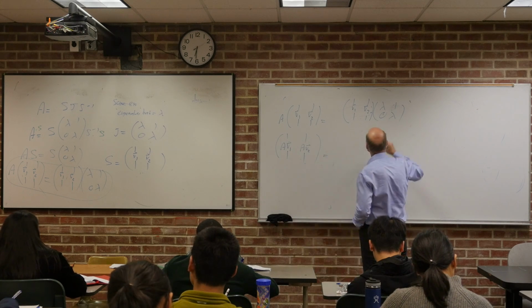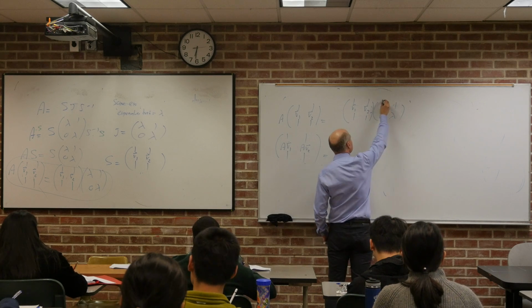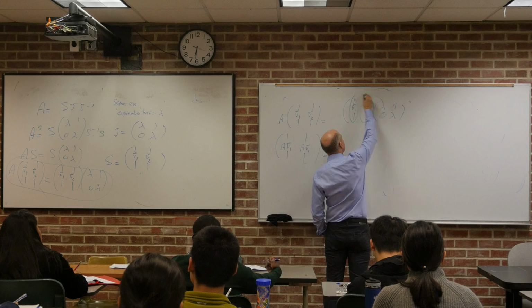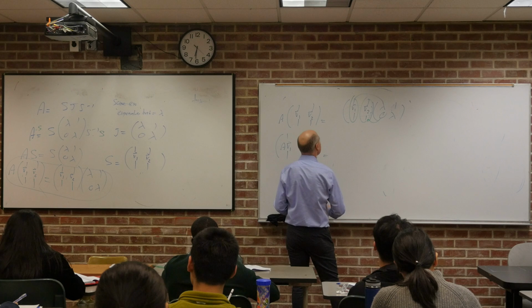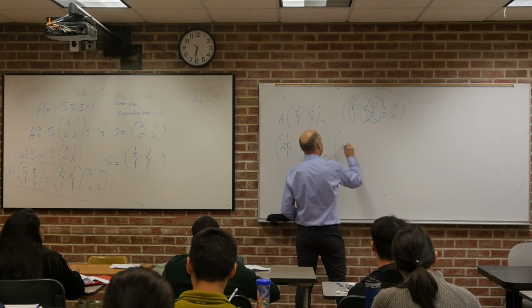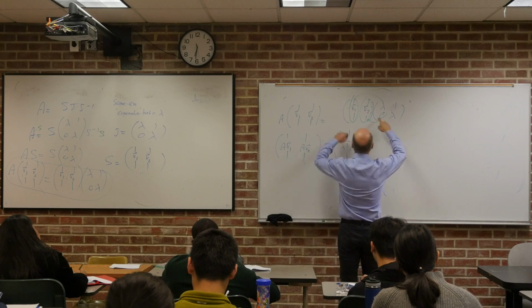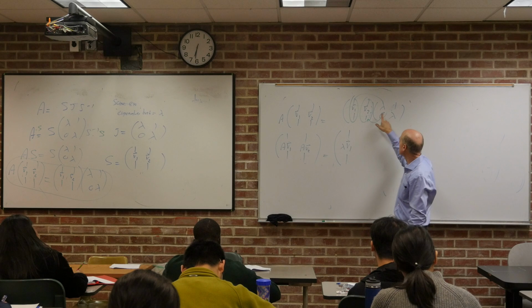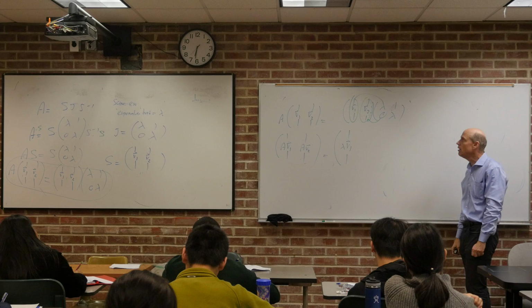Well, remember, when we're concentrating on columns, so think about these as the columns. Our first column will be answered here. We use those scalars. So this is going to be lambda times the first column plus 0 times the second, which is just lambda times v1.